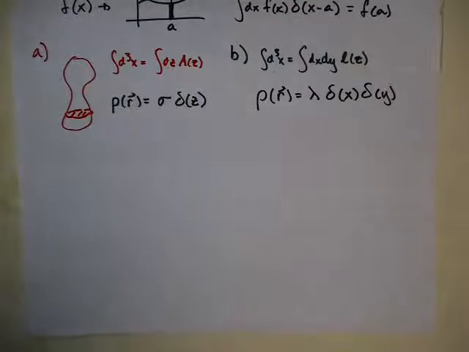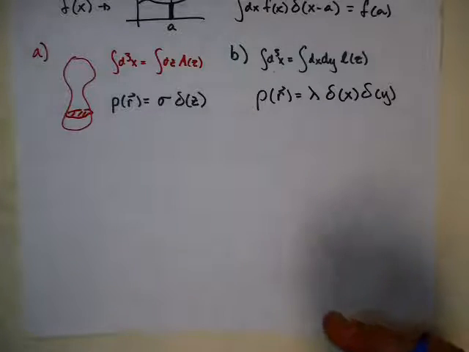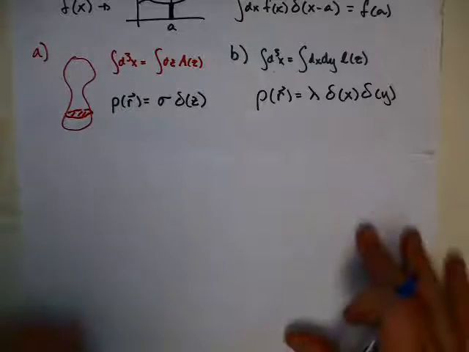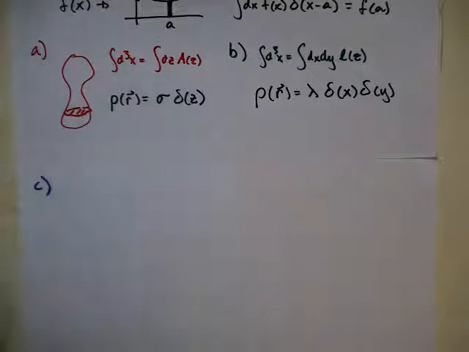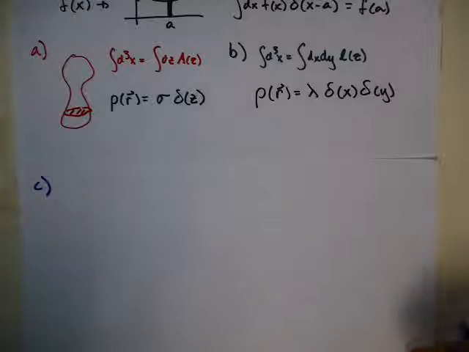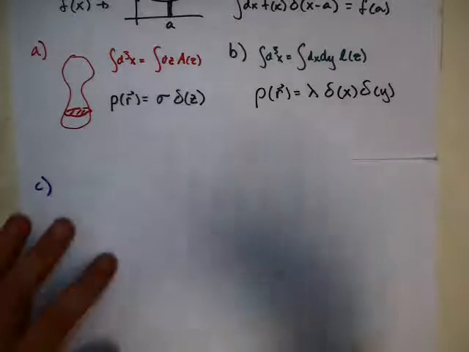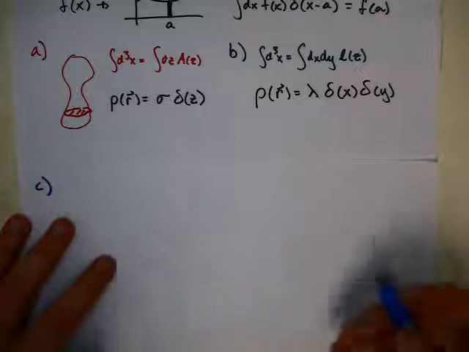So to do part C, I actually have to start integrating. Here, if I have an integral that does not cover the surface of my sphere, I'm going to get 0. All of the charge is on the surface of the sphere. And if I do cover the surface of the sphere, I get the total charge.